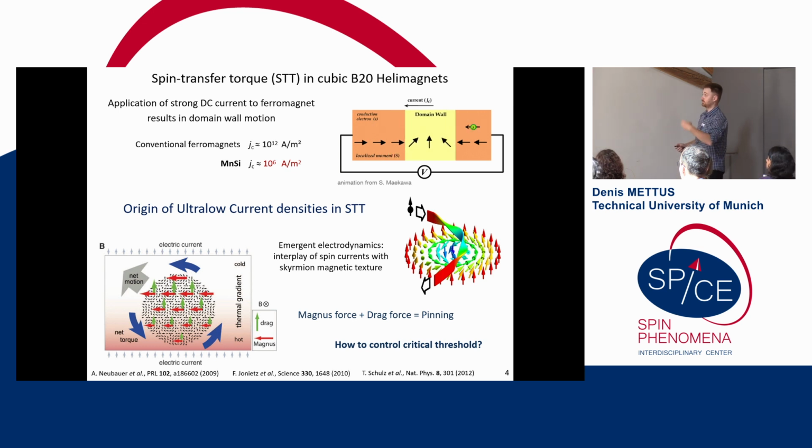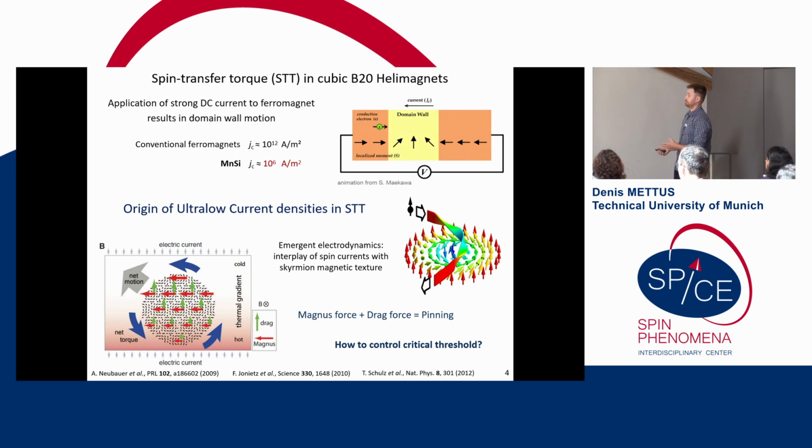And at certain critical current densities, they begin to push the domain wall into motion. So there are a lot of interesting applications. We could do that in electronics with spin transfer torque, but the critical current densities are extremely high. It's 10 to the 12 amps per meter squared. And then it was a big surprise that in manganese silicon, it's just 10 to the 6 amps per meter squared required to set everything into motion.